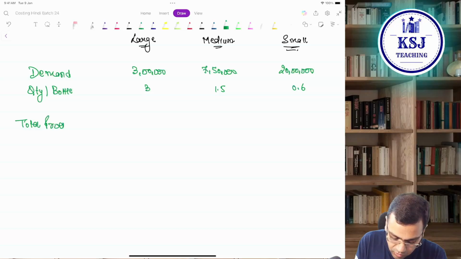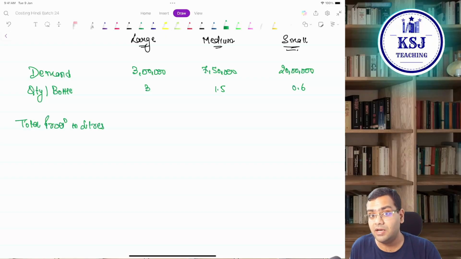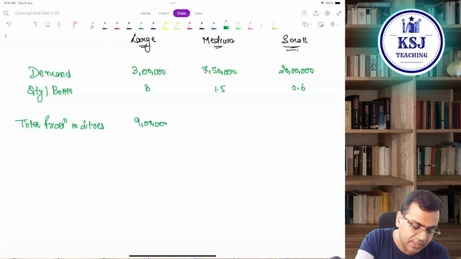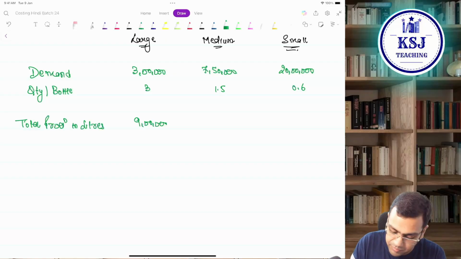What will be the total production in liters? We are calculating liters because the raw material consumption is given in liters here. So 9 lakh liters will be produced for large. For medium, 7,50,000 multiplied by 1.5 is 11,25,000, and then it will be 12 lakh.